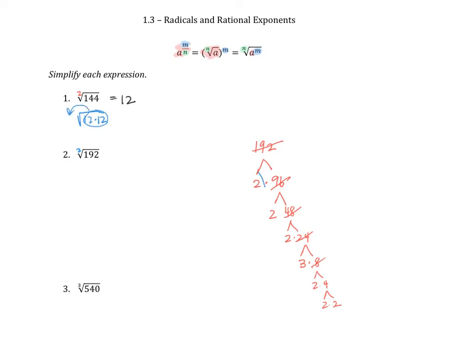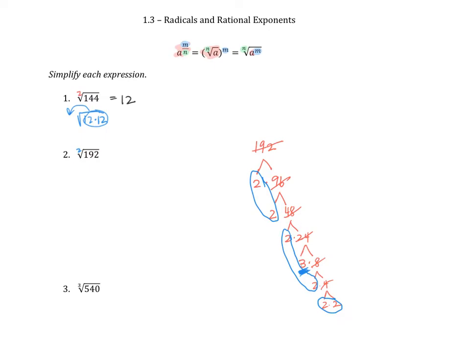So for this, I have a pair of 2's, and then another pair of 2's, and then another pair of 2's. So every pair comes out as 2. And then anything that does not have a pair stays under the radical. So this 3 is the only thing that is not crossed out. I forgot to cross out the 4, and it does not have a pair.